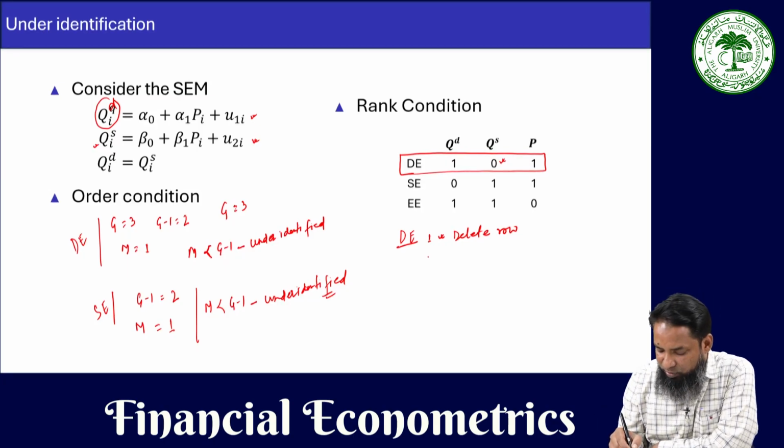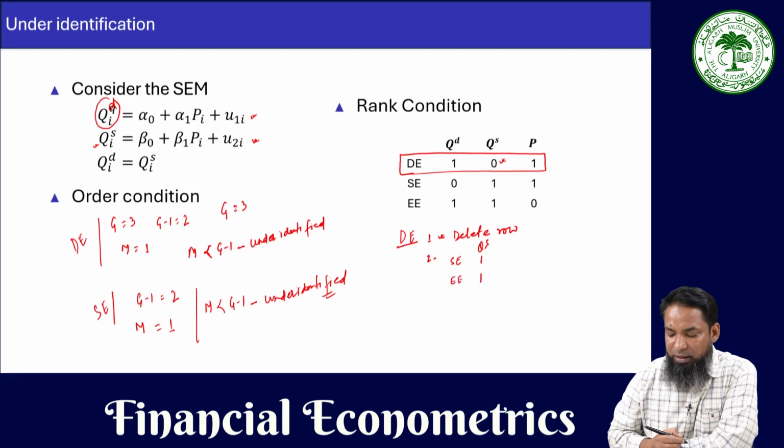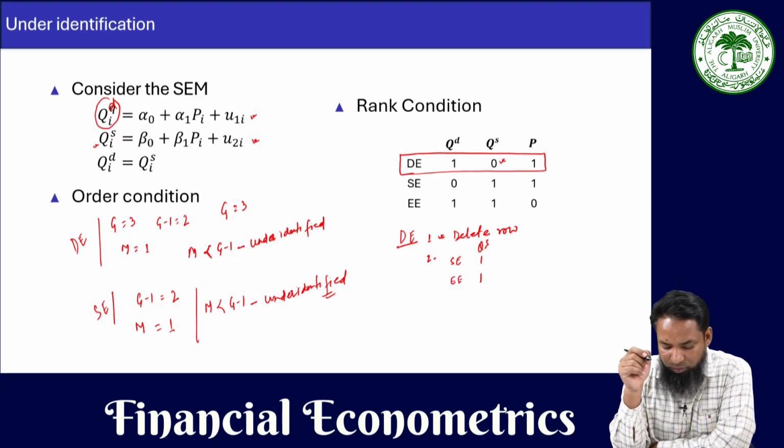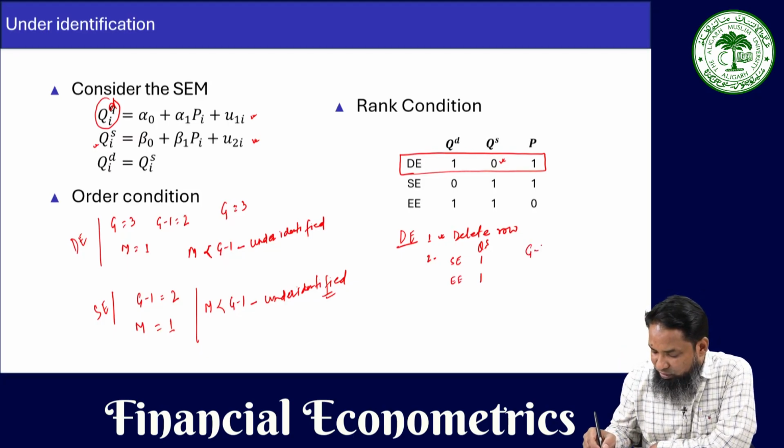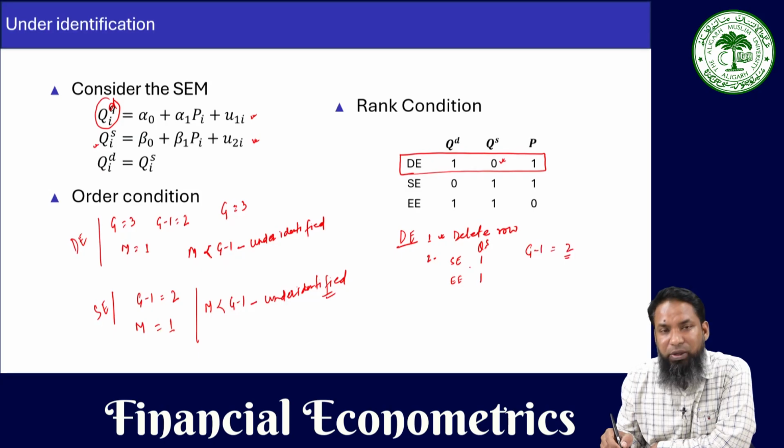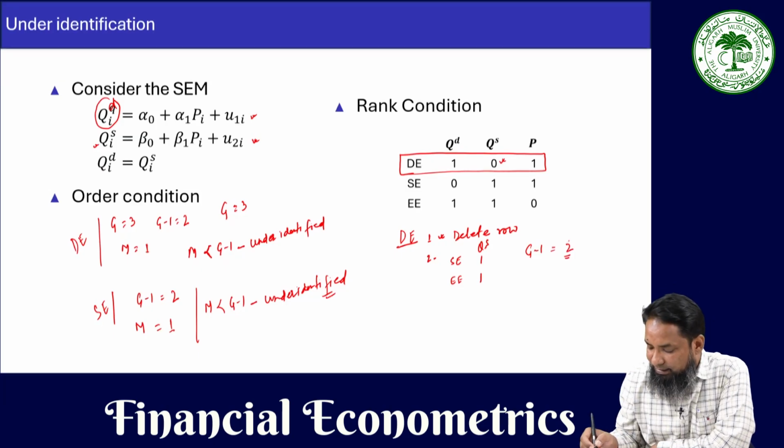So in part 2, we have only one column, that is Q, S1 and 1, the supply equation and the equilibrium condition. We know that g minus 1 is equal to 2. The number of rows and columns here is only 1, which is less than g minus 1. That means this equation is under identified.